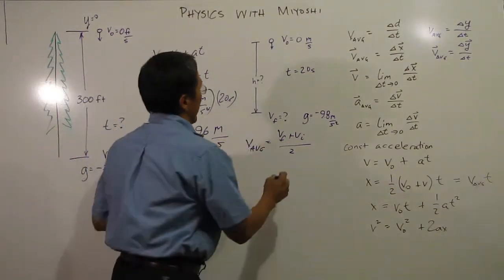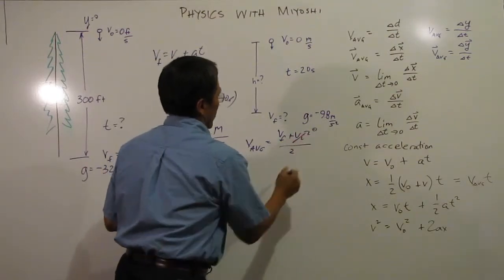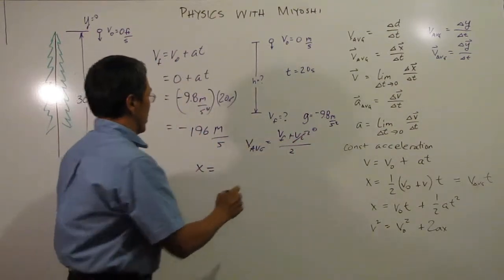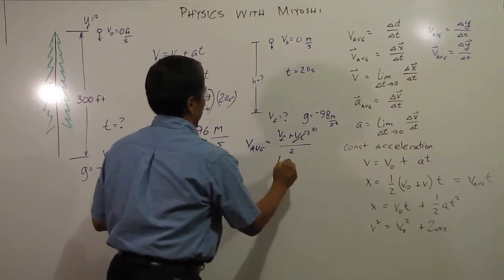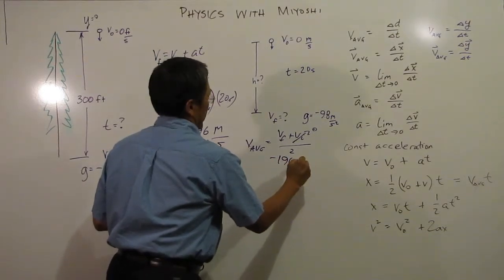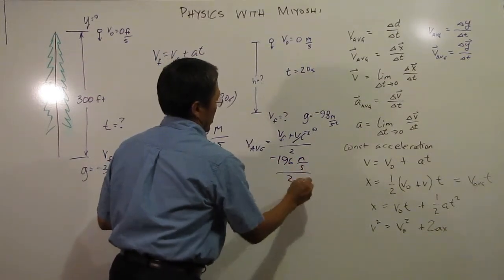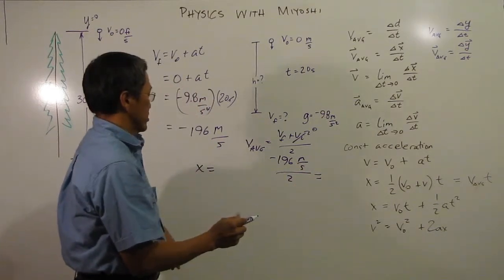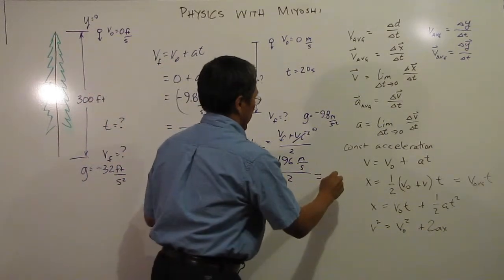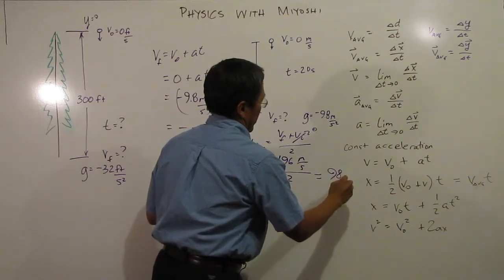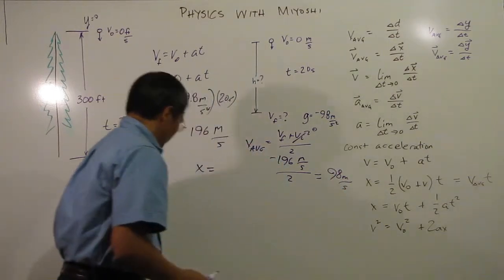So V initial is 0, so we just divide this by 2. That's 196 meters per second divided by 2, which is 98 meters per second. Okay?